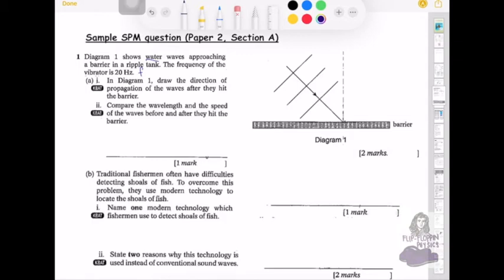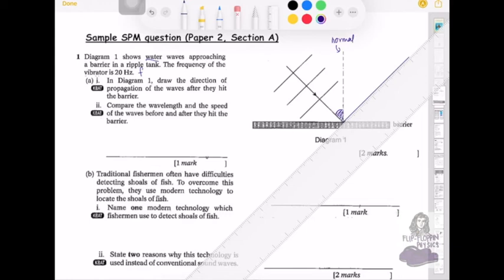Okay, so to draw the direction of propagation, remember, the first step is to draw the normal. In this case, the normal is already drawn for you here. In the actual exam, what you do next is use a protractor and measure this angle here, then use the protractor again to make the reflected angle the same, so it's 45 degrees.